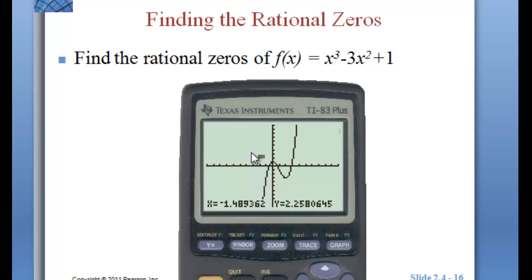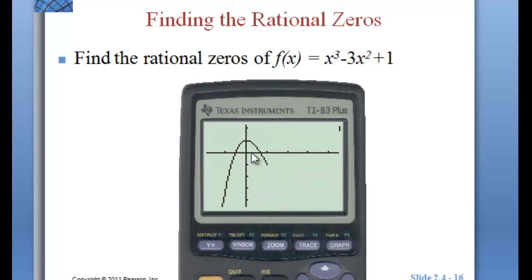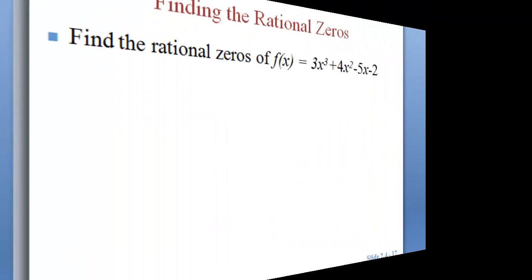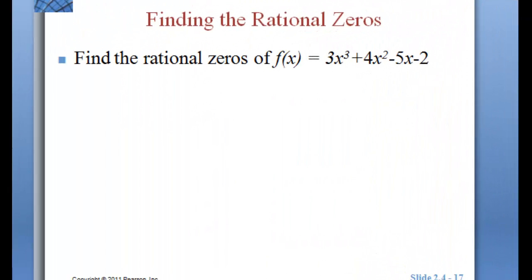Enter, make a little box there. So I've got 3 zeros, but none of them are rational numbers. A little later on, we will be looking at the real zeros, but for right now, we are just looking at the rational zeros.